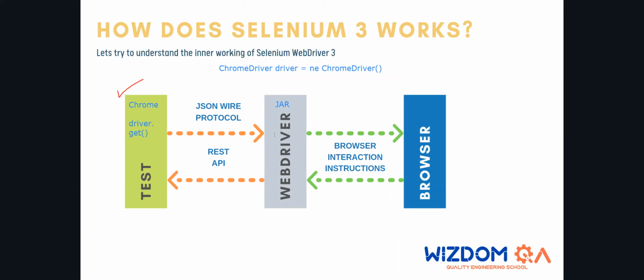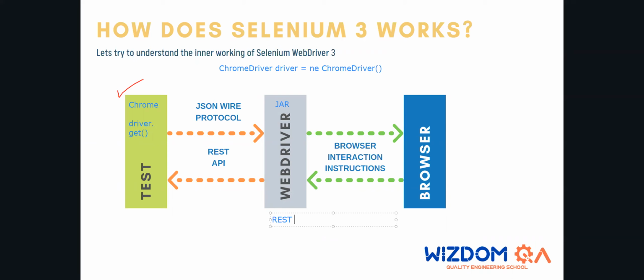WebDriver will start its own server, and that server is a REST API server. A REST API server is basically there to listen for some kind of request, process that request and give you back some kind of response. That is basically what a REST API does.